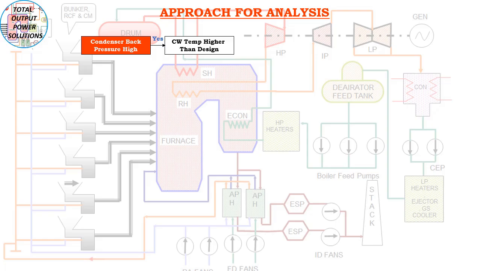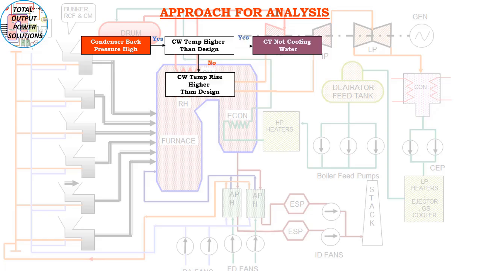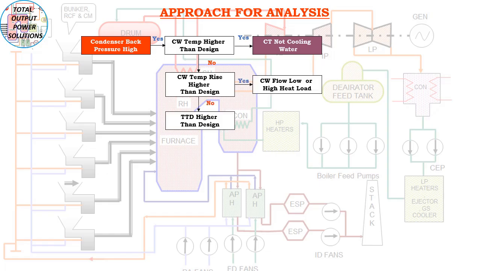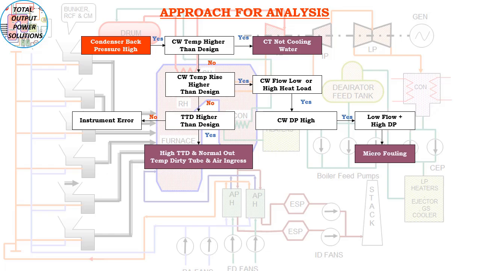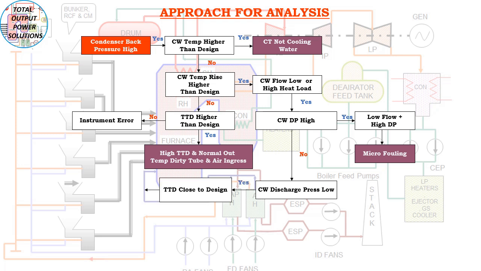So what should be your approach for analysis? We have already discussed this in our last video also, but here again I am going to quote about the condenser back pressure. If it is high, then the CW temperature may be higher than the design, and if CW temperature is higher, then your cooling tower is not cooling the water, or there is some problem with the CT.